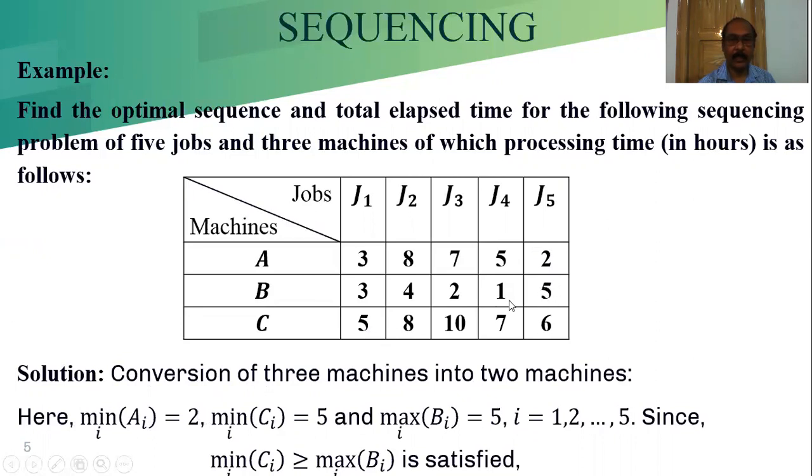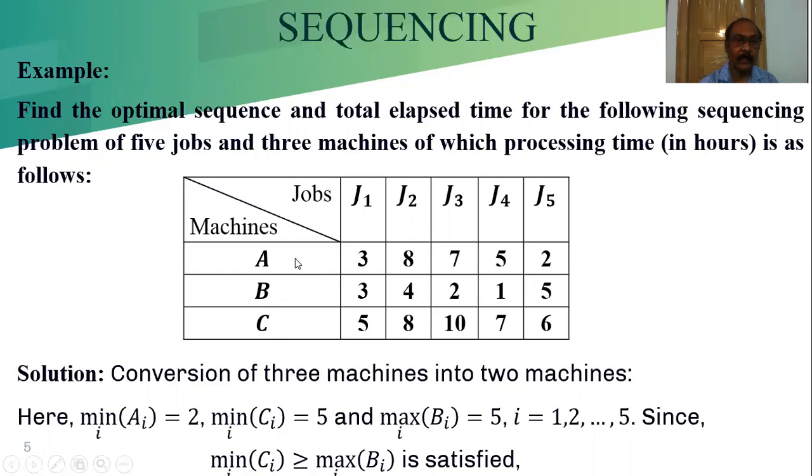So the condition is satisfied for C and B: the minimum of Ci is greater than or equal to the maximum of Bi, for i equal to 1 to 5. The first condition, minimum of Ai greater than or equal to maximum of Bi, is not satisfied. We learned that either one has to be satisfied: either minimum of A is greater than or equal to maximum of B, or minimum of C is greater than or equal to maximum of B. Here the minimum of Ci is greater than or equal to the maximum of Bi, so it is satisfied.